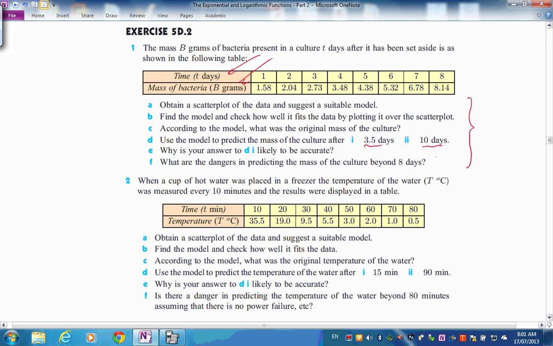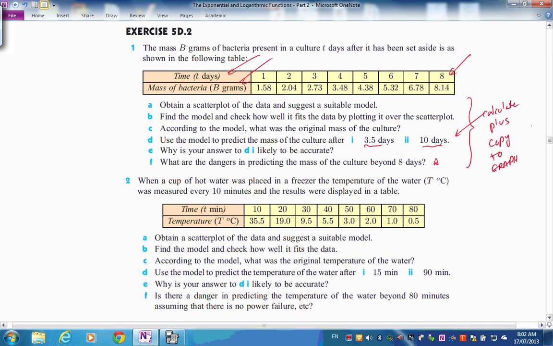Well, this is about interpolation, going past 8 days. What would your comment be? Extrapolation, bit doubtful. Okay, remember all that stuff. And so you might do this by actual calculation, and I'd say plus, copy to graph, copy the function across to graph, and check your answer with gsolve.